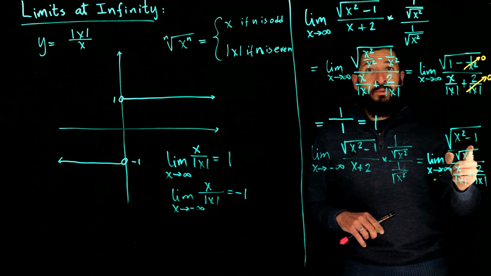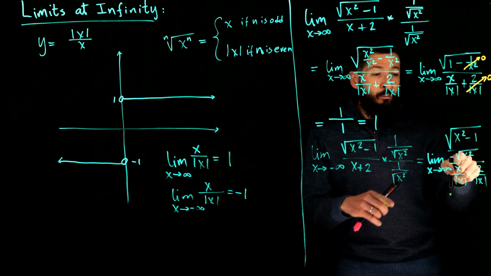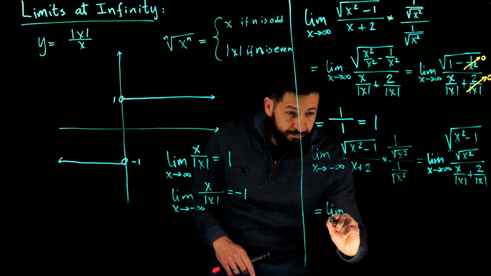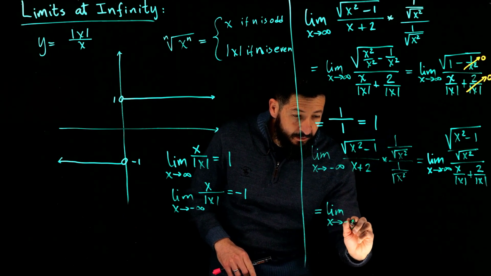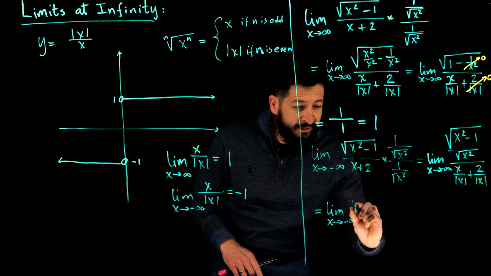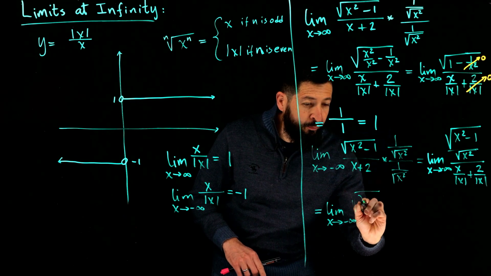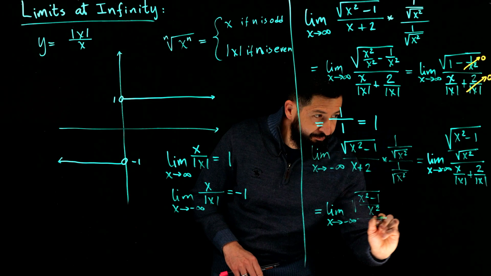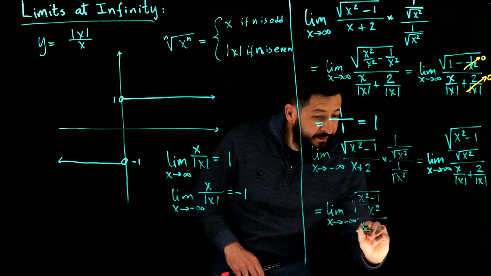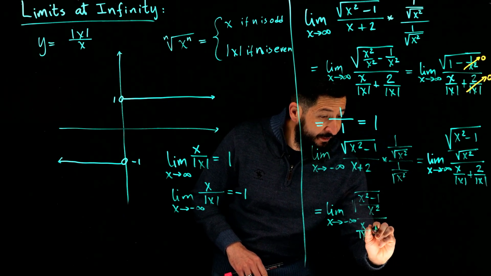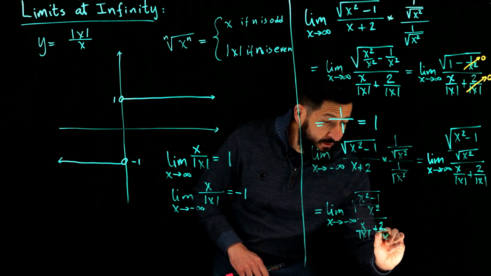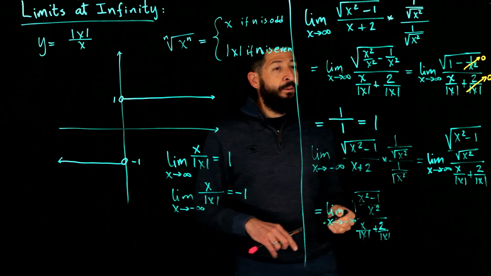But what I did from here to here was to combine this, and so I wrote it as a single square root, x squared minus 1 over x squared. And then I distributed that x squared as you normally would to get this expression here.